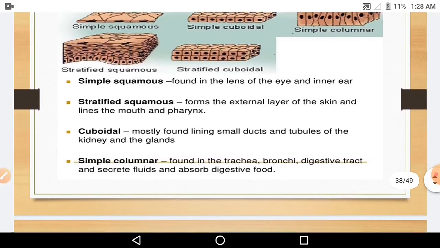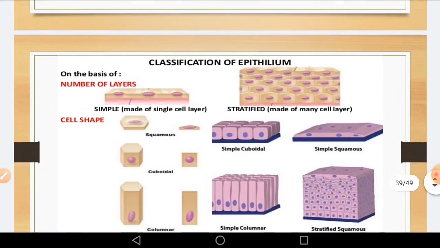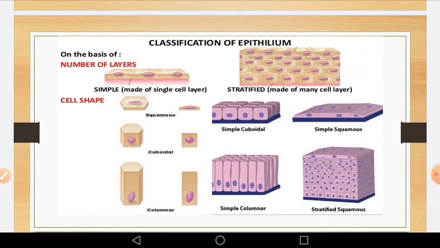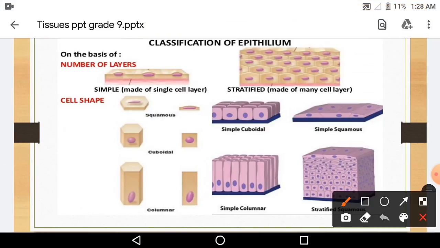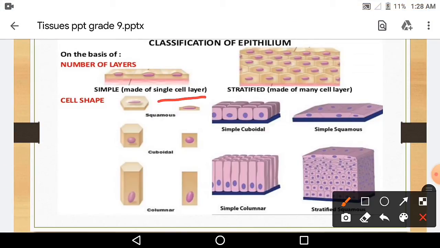Let us see the classification of epithelium. Simple means made up of a single layer of cells. Stratified means made up of many layers. Now they are named according to the shape of the cell. Can you see?